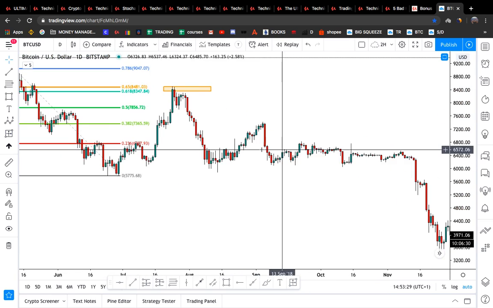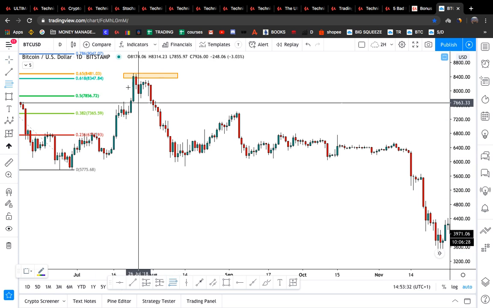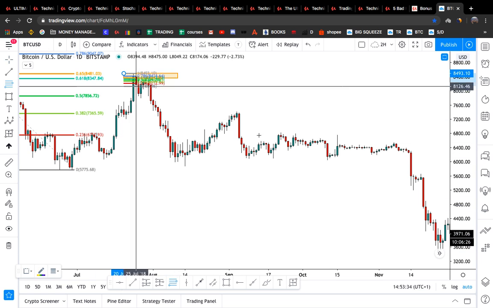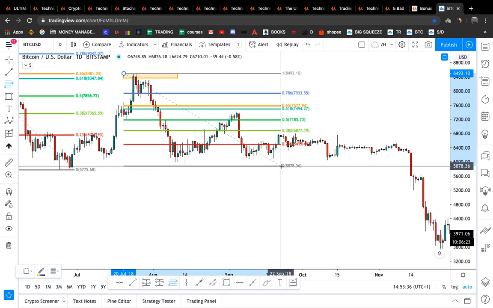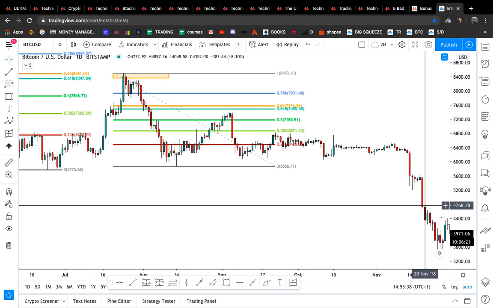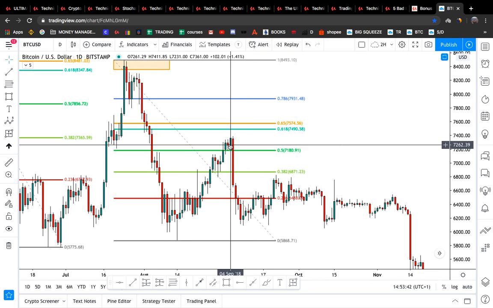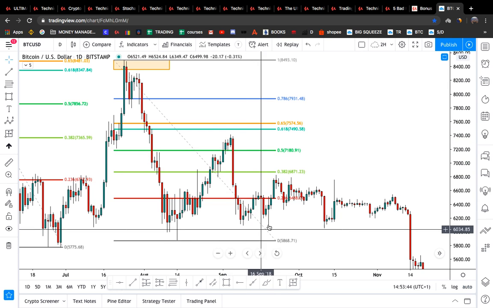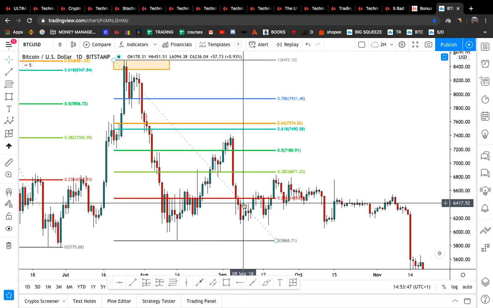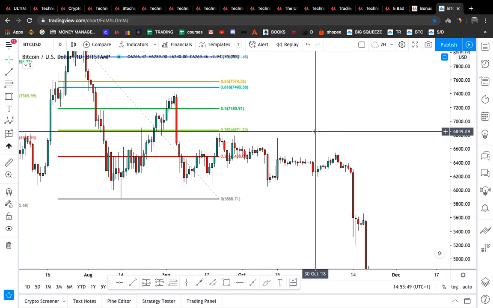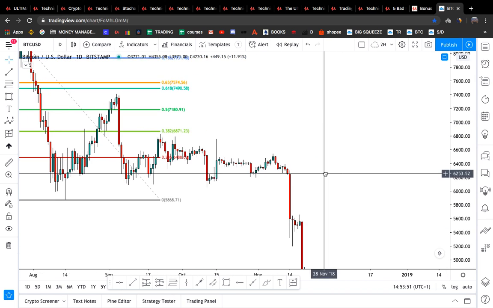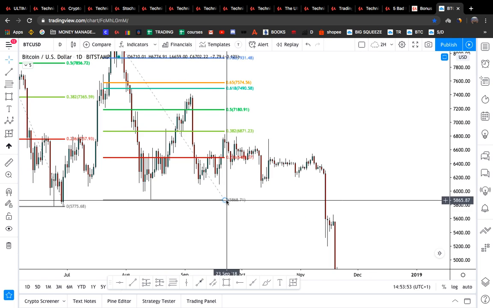Now let's measure the last one from here to here, this whole move down. This one couldn't really make it to the golden pocket, it reversed, starting to play around this level and below. You know that it's dump susceptible, and as you can see, what happened?